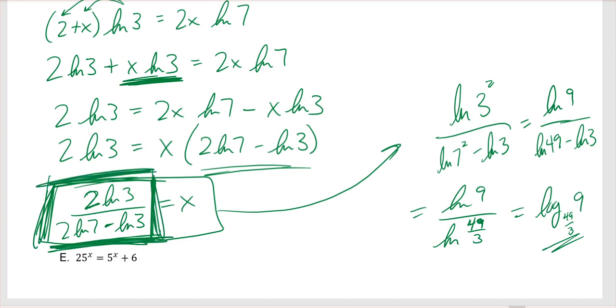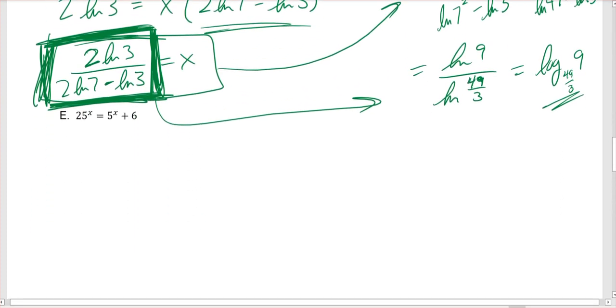What we had to start with is fine. But we can use our properties of logarithms to rewrite these things if we really want to, or if we're constrained in a certain way and we want our answers to be of a certain form. But if we can get to this, this is what's going to be acceptable for us in an exam or quiz type situation. Okay, cool. Moving on.